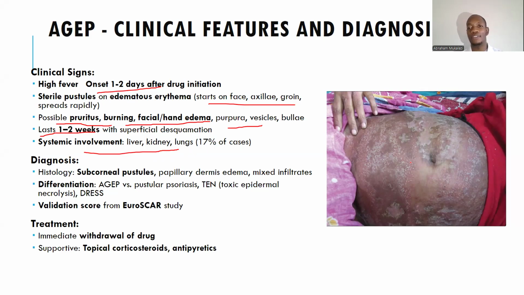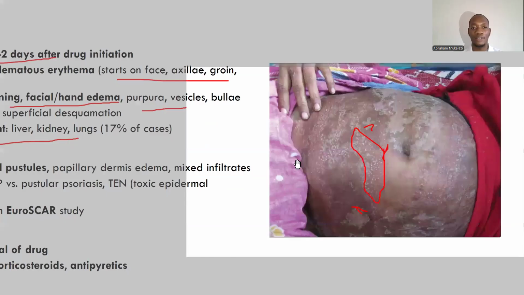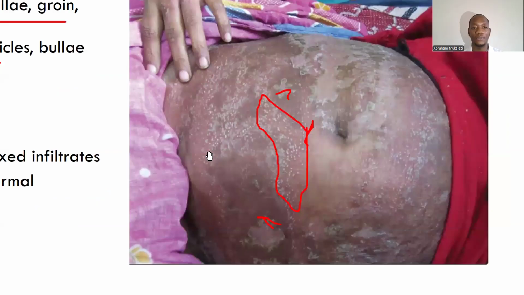As you can see in this picture, you see these features of desquamation, like here. Then you have these pustules that are typical with AGEP, if I may zoom in for you. These are the different pustules that you will see on an erythematous base.